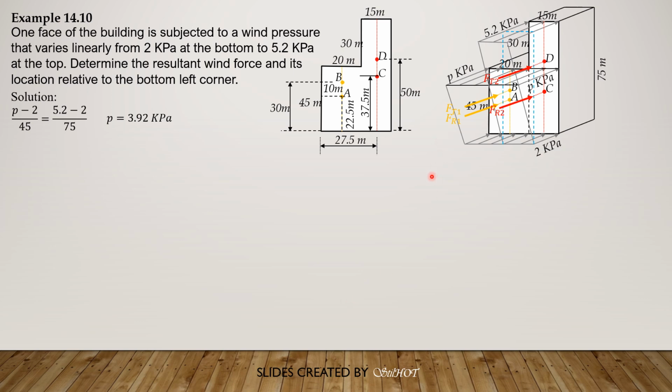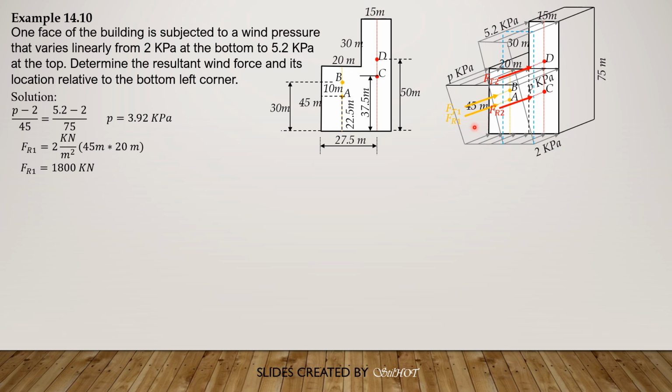So let's compute FR1. It is simply the volume of a rectangular parallelepiped, which is 2 kilopascals, the pressure, times the area, 20 times 45. So 2 kilonewtons per square meter, times 45 times 20. So FR1 is 1,800 kilonewtons.